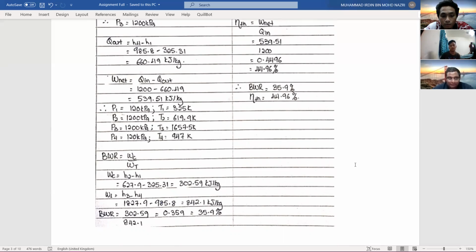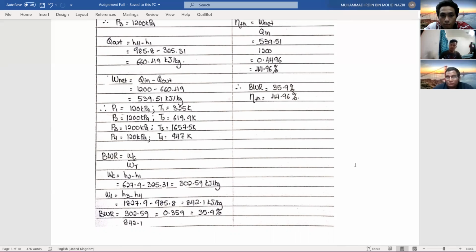And for the turbine work we use H3 minus H4, where it is 1827.9 minus 985.8, which gives 842.1 kilojoule per kg. So we find the back work ratio to be 0.359, which is equivalent to 35.9%.